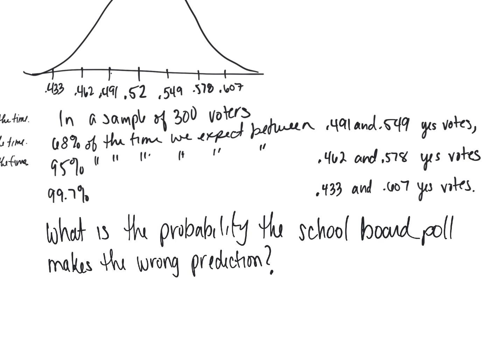So what do they think the proportion will be? Less than 50%, right? So we want to know the probability that the proportion from the sample is less than 0.5. Because less than 50% would be a prediction that it's not going to pass when in fact it's going to.